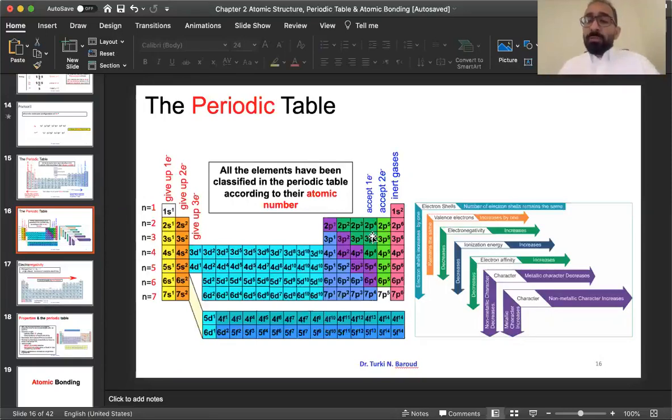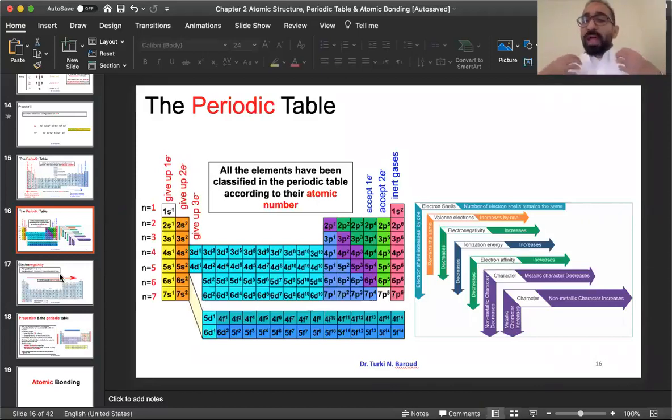Now, typically they use something called electronegativity or electropositivity. Electronegativity means the tendency of those atoms to accept electrons. So an atom with a higher tendency to accept electrons has higher electronegativity.